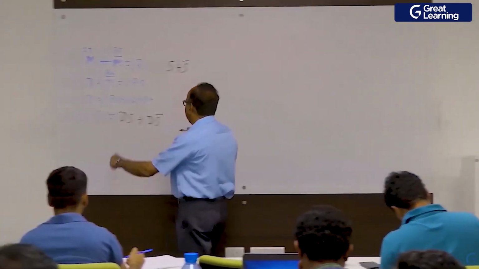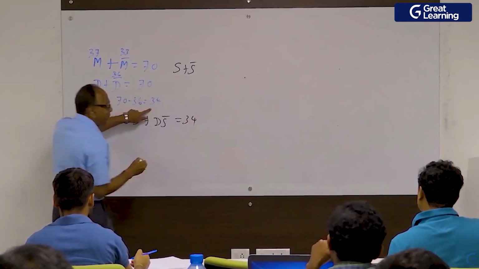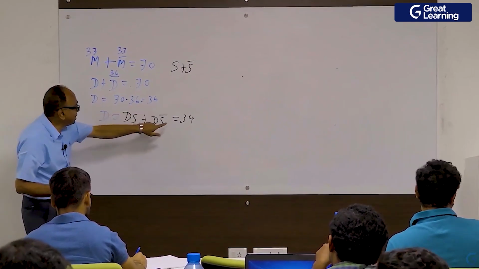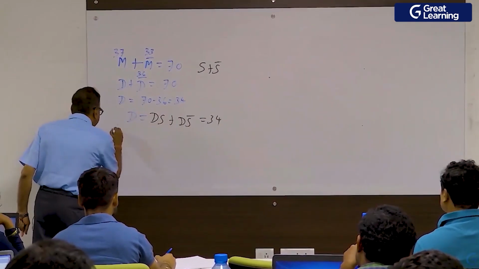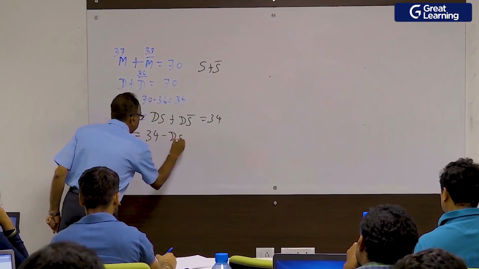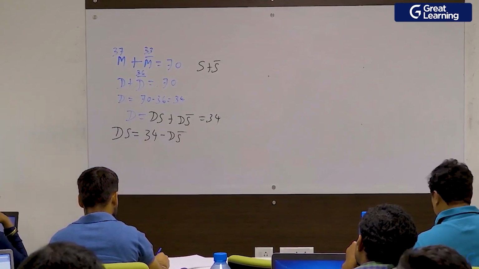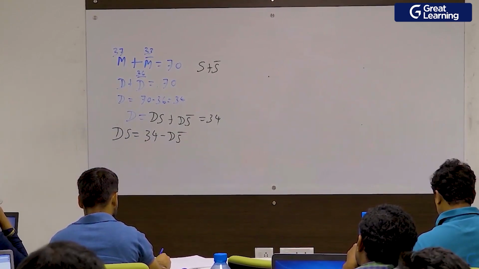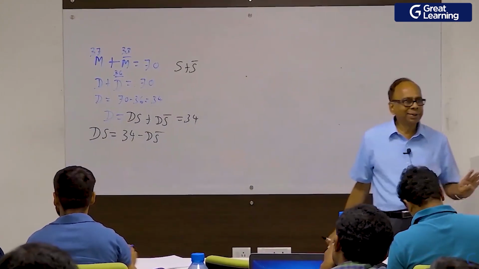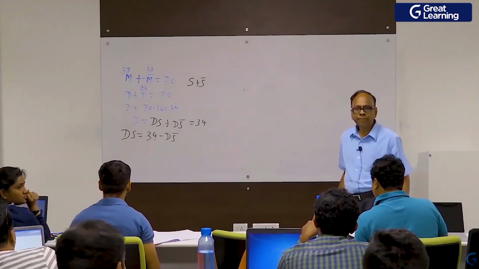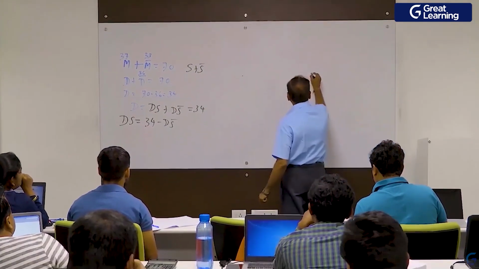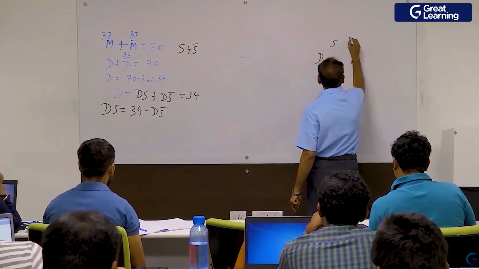Now, this is already given equal to 34. Do you agree? This is 34. Since this is 34, drink and smoke has to be 34 minus DS bar. You agree? From 34, if I subtract DS bar, I will get drink and smoke. All of you agree? I have a D here: drinks, smoke, not smoke.